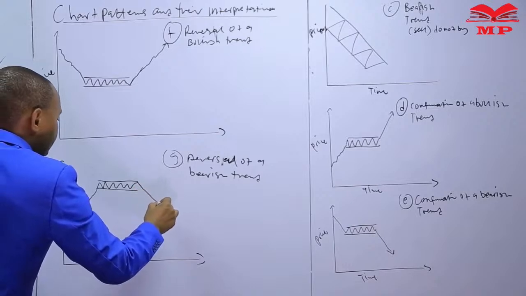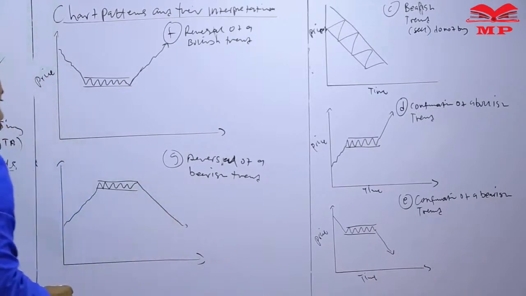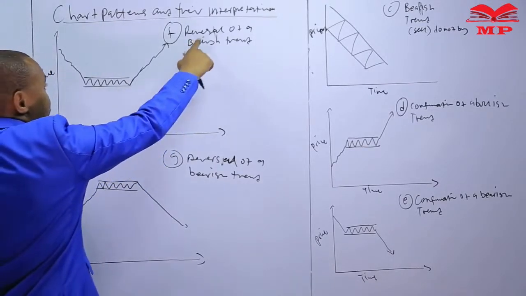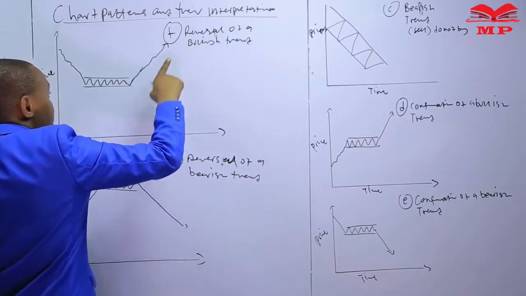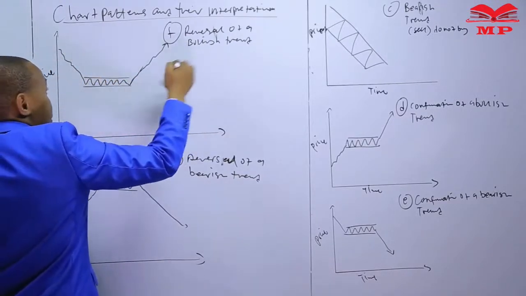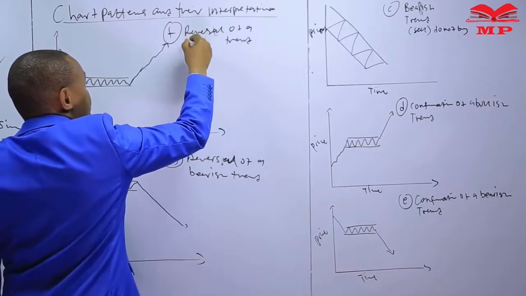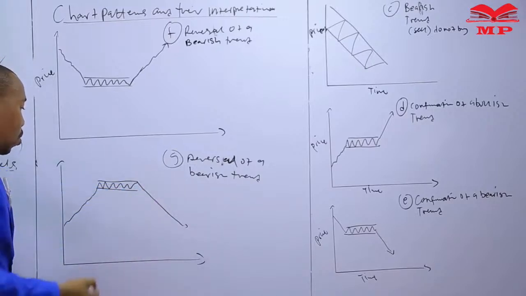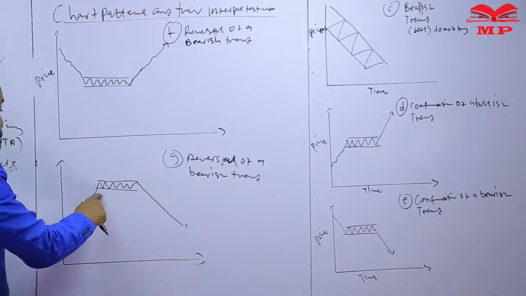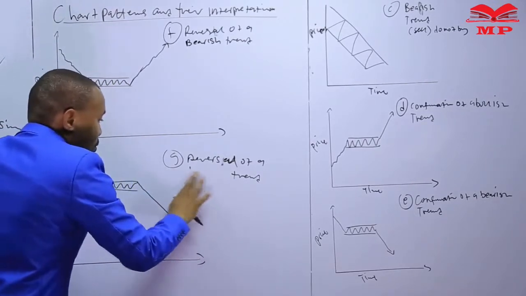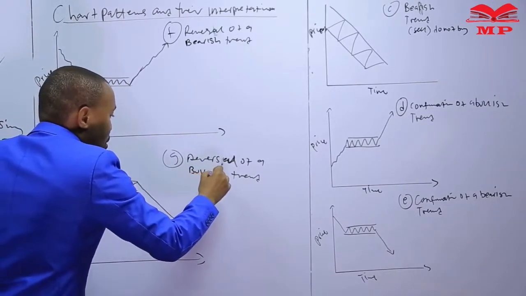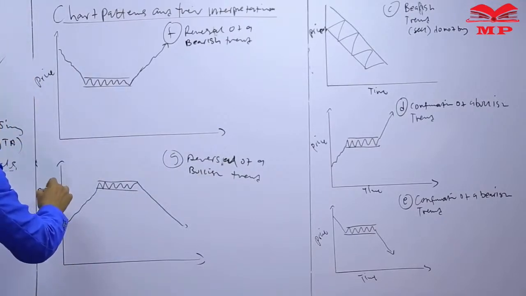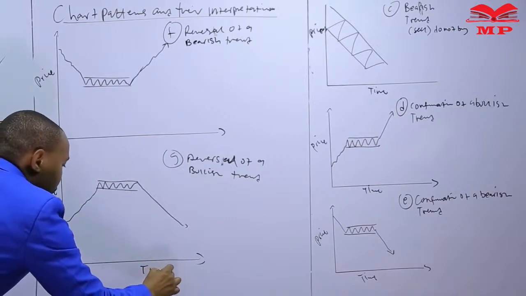Then it came back and went back down like that. Reversal of a, rather, it should be the other way around. Bullish means moving up. Bearish, apologies. This is bearish trend. This is reversal of a bullish. Moving up is always bullish. Then it comes down like that. This is reversal of a bullish trend like that. So this is price. This is time.